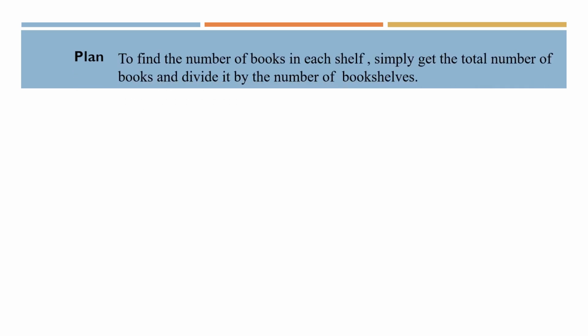Under plan, what are the steps to be answered? Yes, to find the number of books in each shelf. Simply get the total number of books and divide it by the number of bookshelves.